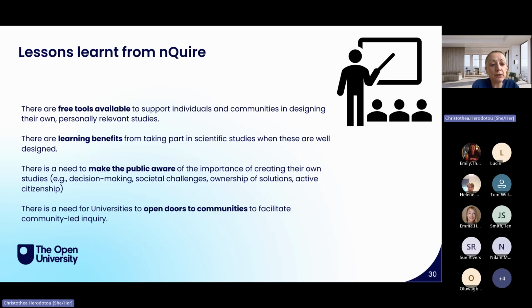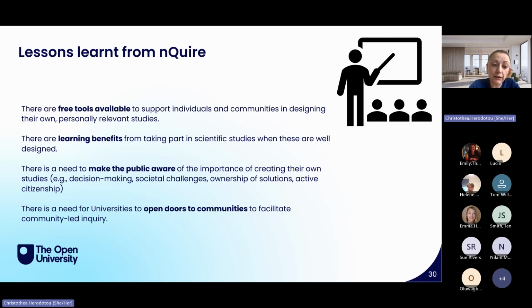And the last lesson I wanted to stress here is that there is a need for universities to open their doors to communities to facilitate citizen science activities. The reason is that communities need support to design a study or test a study or complete a study. So the way of doing this is if there is a close collaboration between communities and universities.